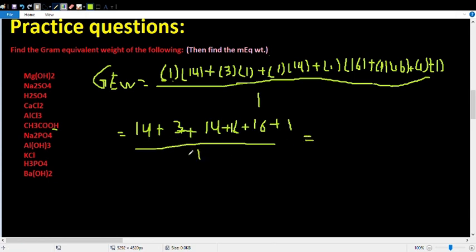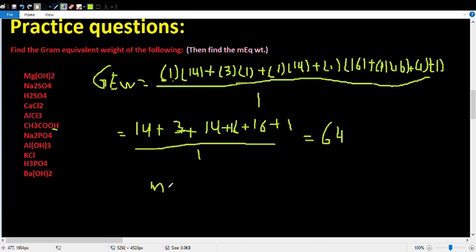So i-calculate natin 14 plus 3 plus 14 plus 16 plus 16 plus 1 will be equal to 64. Then divided by 1 is 64. So that's the gram equivalent weight.